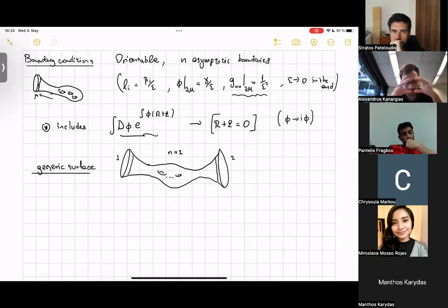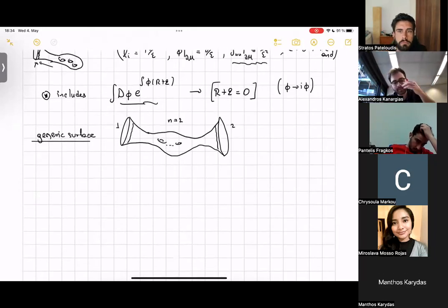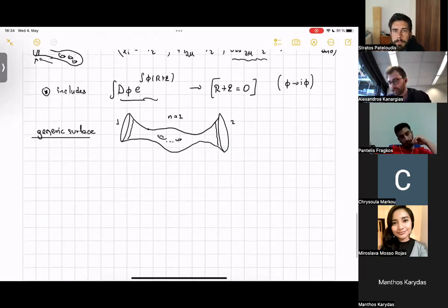That's a very simplistic example, but these surfaces are characterized by some parameters, so to say, and when you integrate over all possible such surfaces, you want to integrate over all of this space. It's called the moduli space, and it will tell us how large the space of possible surfaces is.